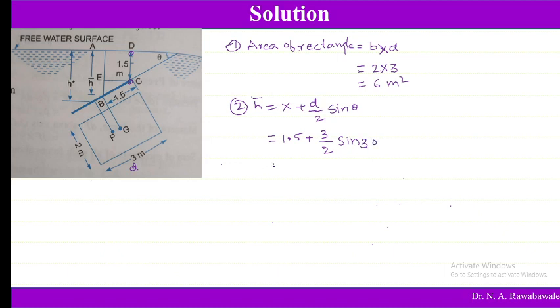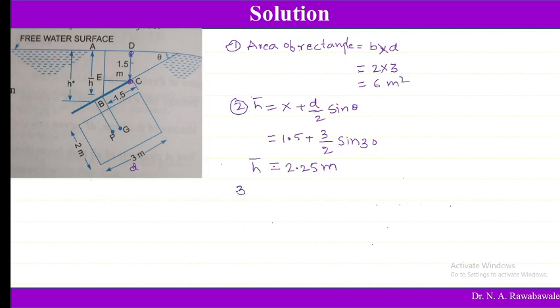On calculation we get it as 1.5 plus 1.5 into sine 30, that is 2.25 meter. H bar we get as 2.25 meter. Now we know H bar.